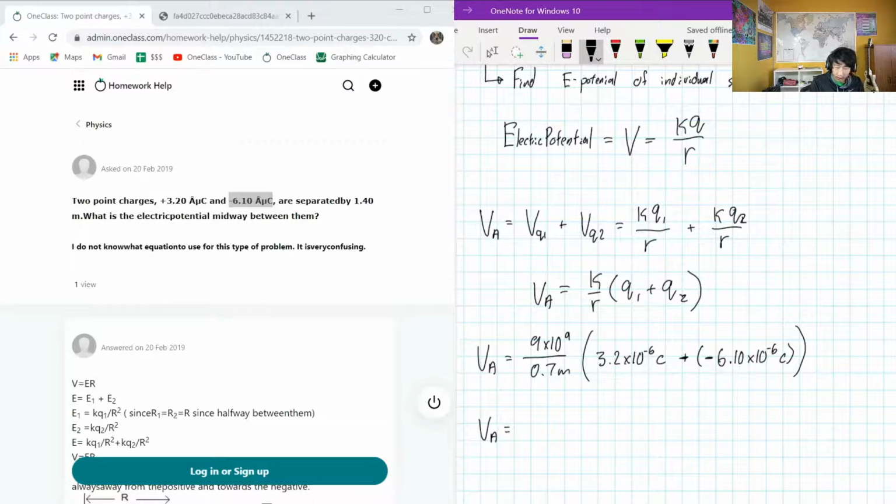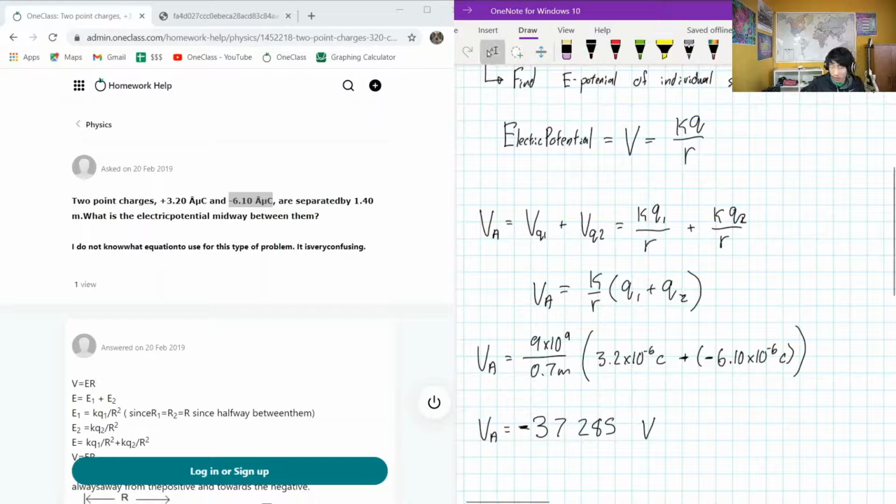So my calculation for electric potential here has to be, it's actually going to be negative, right? Because since this overpowers that, it has to be negative inside the bracket, and there's no negative out here to counteract that. This will be negative 37285 volts.